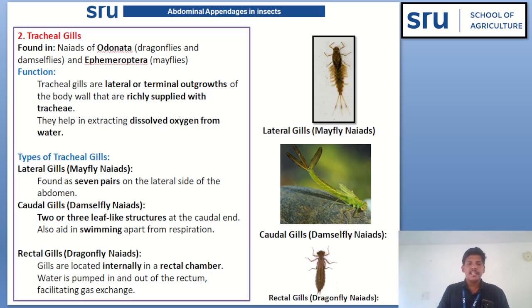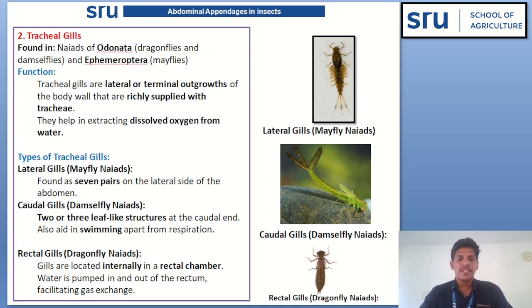Tracheal gills are lateral or terminal outgrowths of the body wall that are richly supplied with trachea. See, these are the lateral extensions of the body wall. They are nothing but gills which are supplied with trachea. They help in extracting dissolved oxygen from the water.